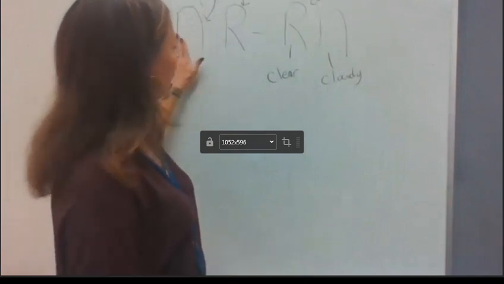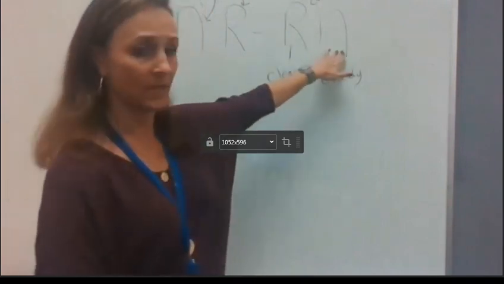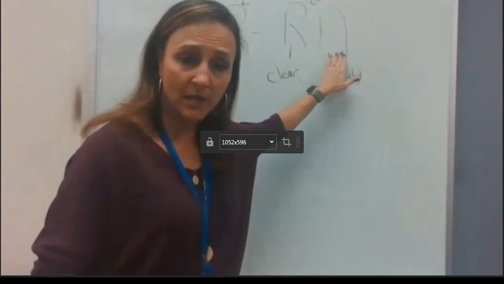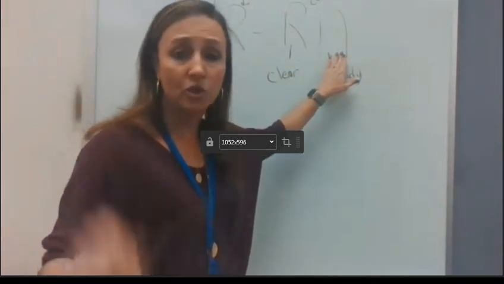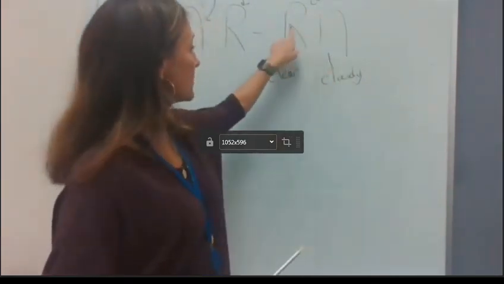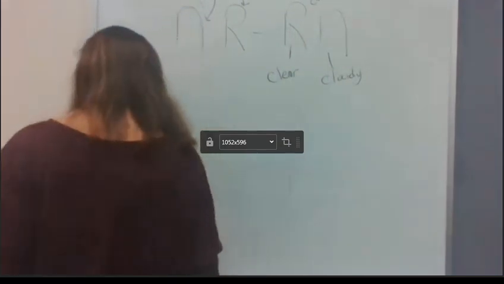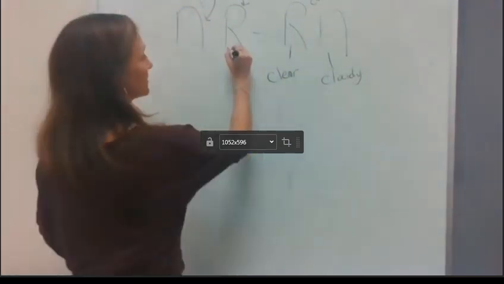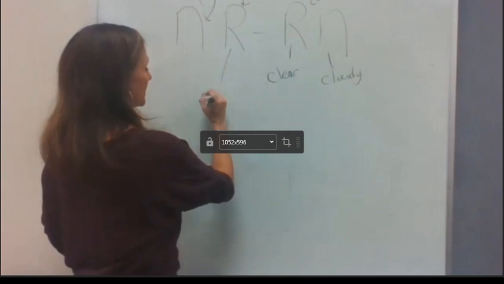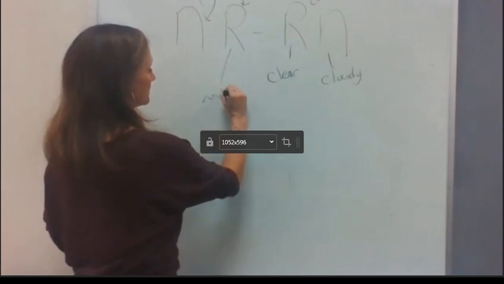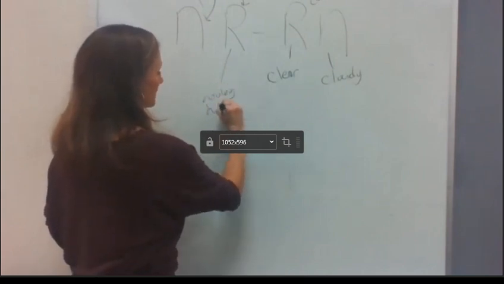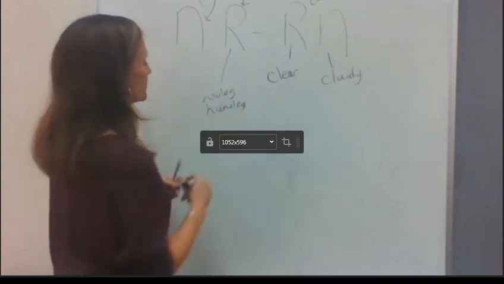You're going to go NR to RN, okay? Now that's the same thing when it comes to Novolog and Humalog. So I know it says the R, just remember R is the regular, but it also can cover the Novolog and the Humalog. I just don't want to confuse you and put two N's.